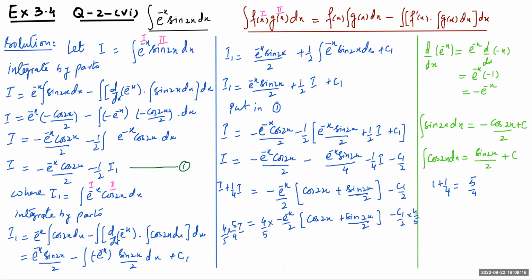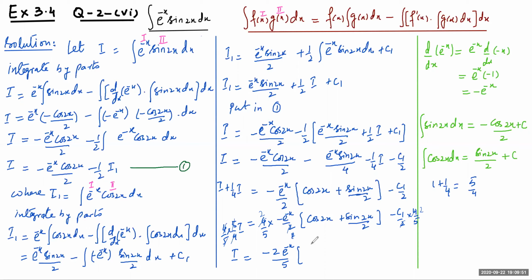Okay, so what do I see here? This 4 got cancelled, this 5 got cancelled. What happened here? This 2 got cancelled, 2 ones are 2 and 2 twos are 4. And what happened here? This got cancelled with this, and now I'm going to write my answer. Let's see. I have got integral I is equal to minus 2 e to power minus x by 5.